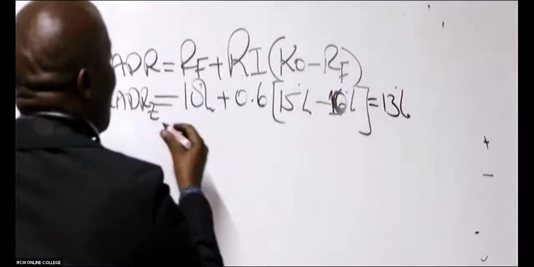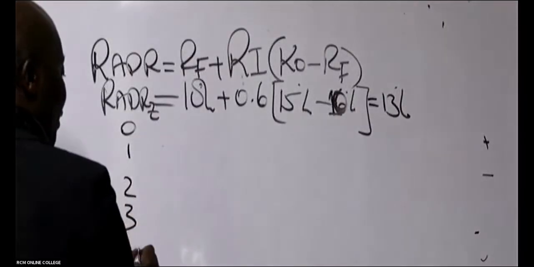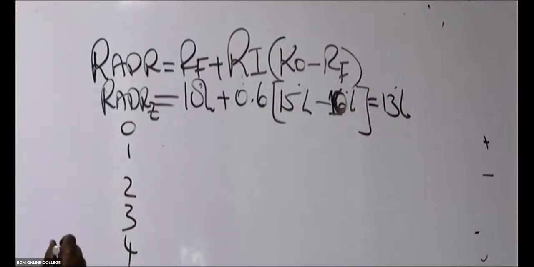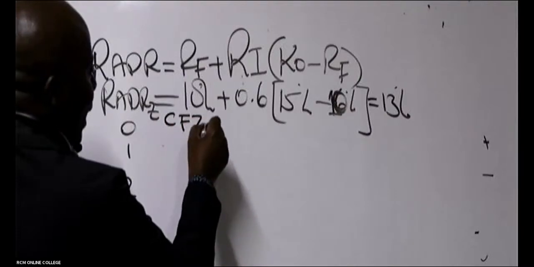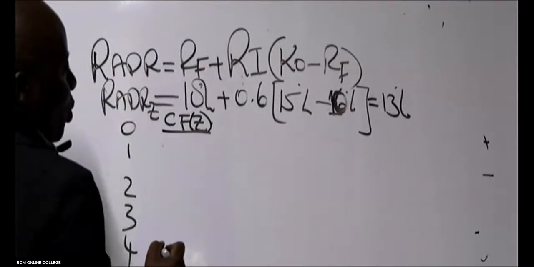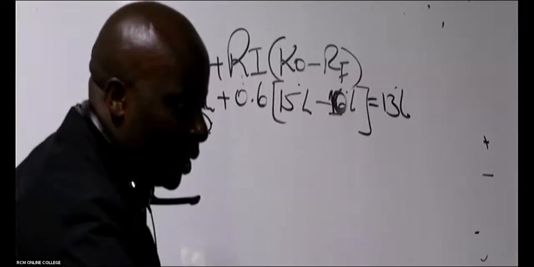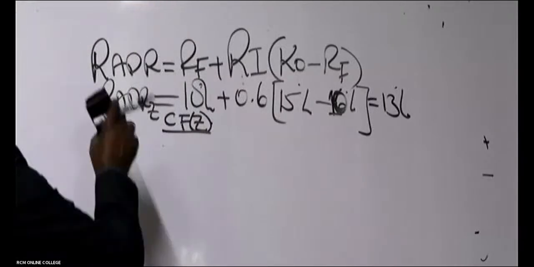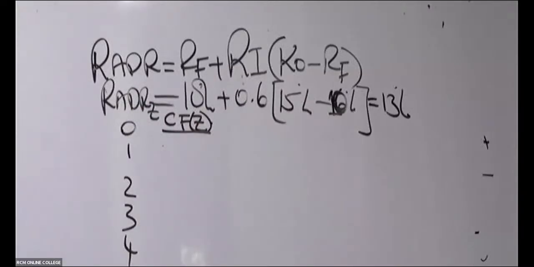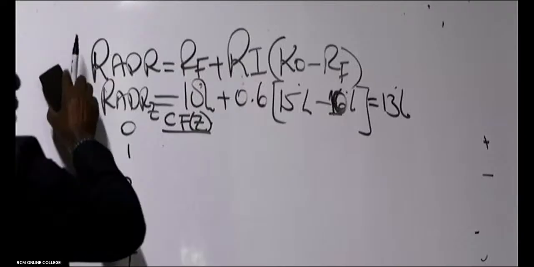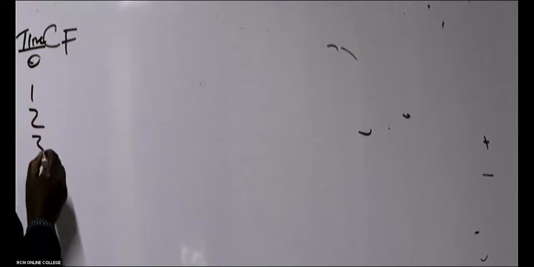Then use it to discount cash flows of Z. So we have here our cash flows of Z. We have time 0, 1, 2, 3, 4.